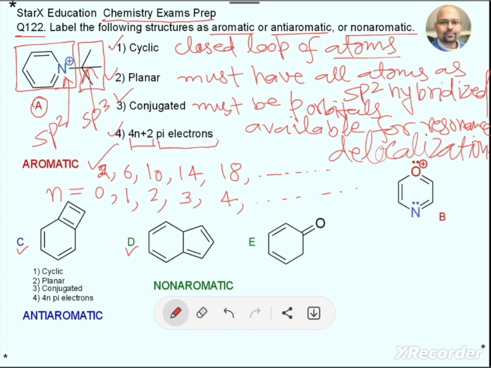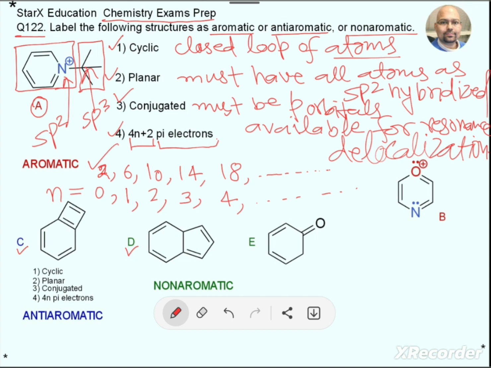The nitrogen can be sp3 or sp2 hybridized, but whenever the nitrogen or any other heteroatom is next to an sp2 hybridized carbon, it takes the hybridization sp2 in order to do the resonance. That's the reason this molecule's structure remains planar.